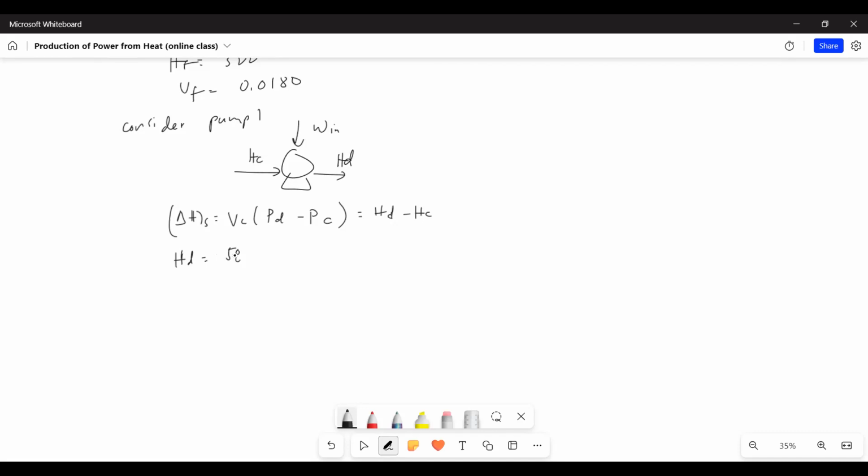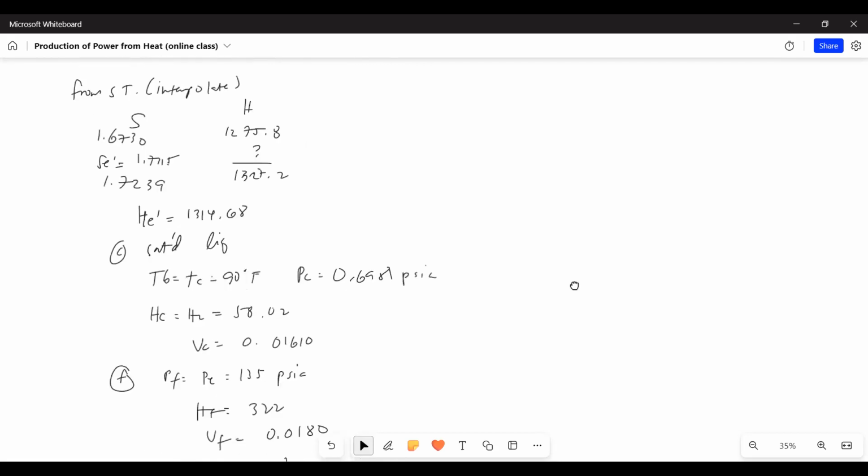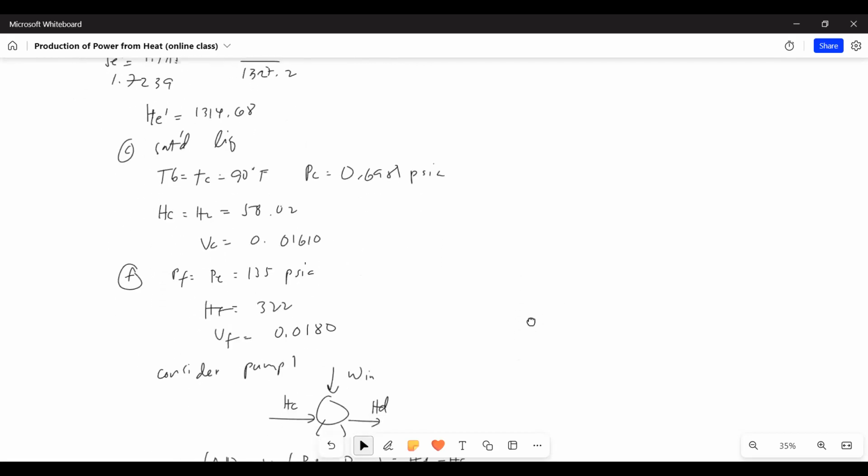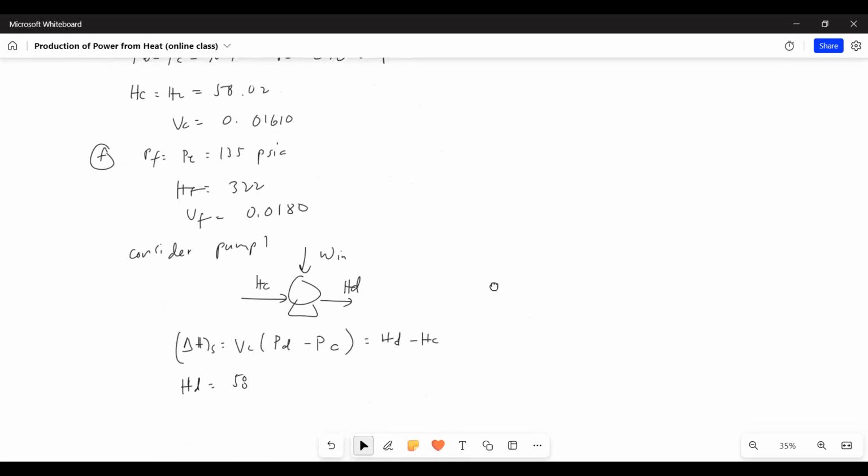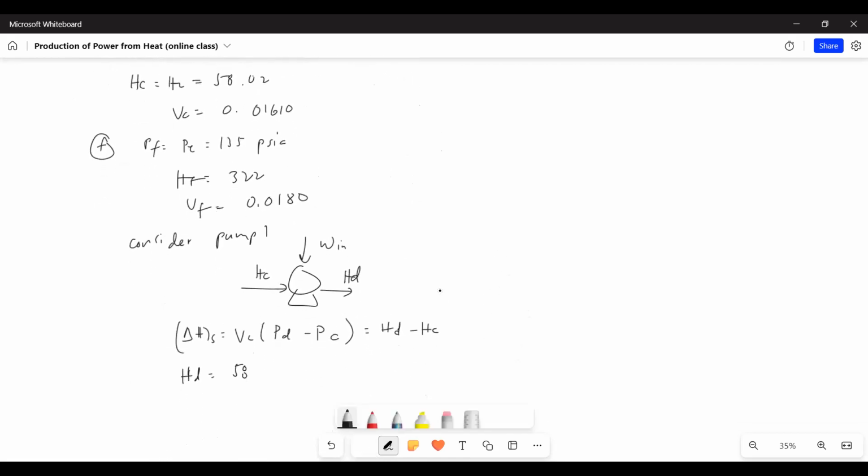HC, yung nakuha natin sa taas. So, 58.02 BTU per pound. By the way, HD prime too. We're dealing with isentropic expansion. Kasi itong equation na to is for isentropic. BTU per pound mass.